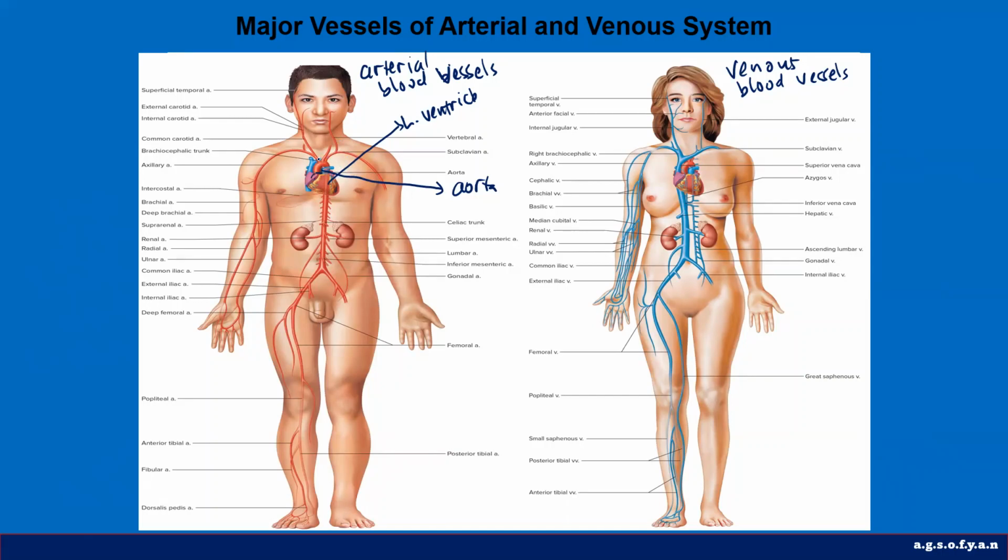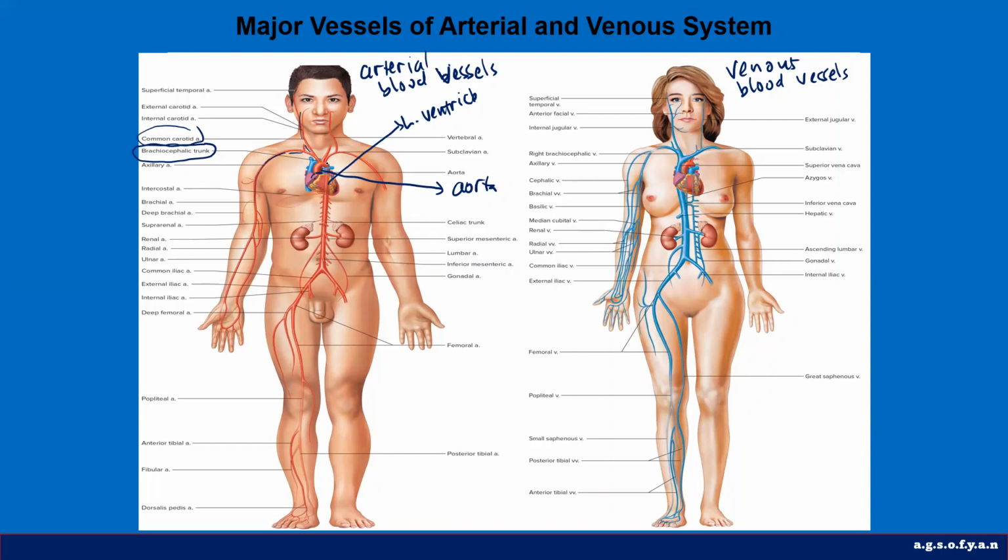On the right one, there is the brachiocephalic artery. And this brachiocephalic artery will branch into the right common carotid artery. It will give blood to the right side of our brain. And then the right subclavian artery will give blood to our right arm.